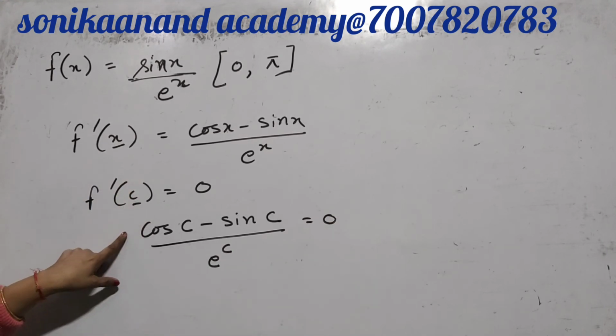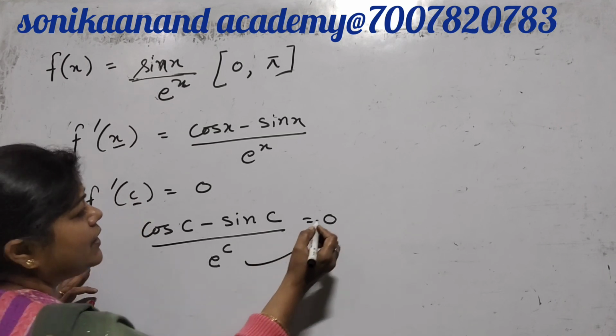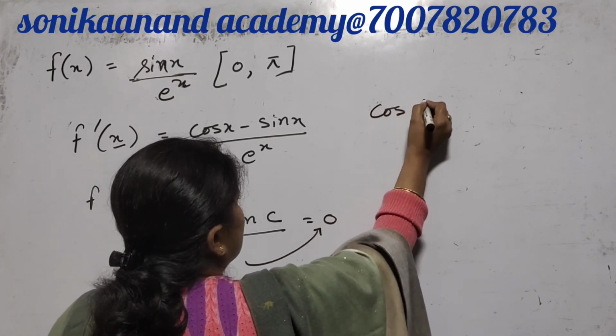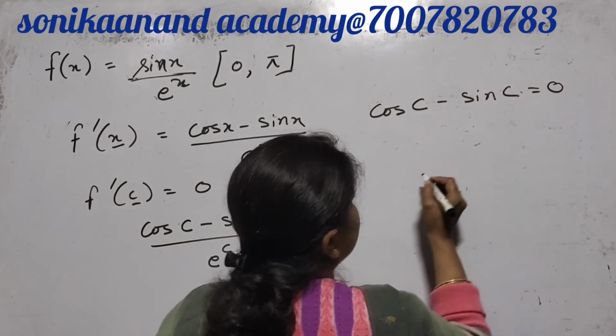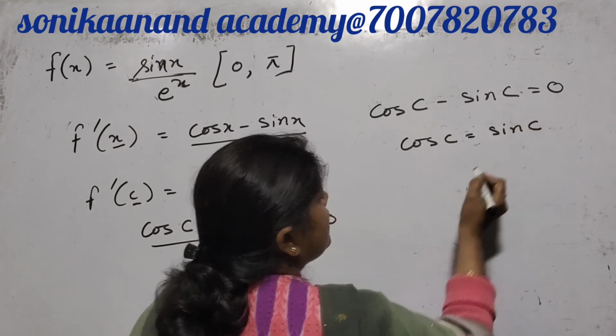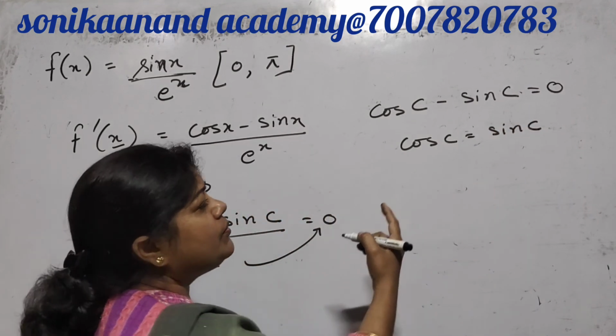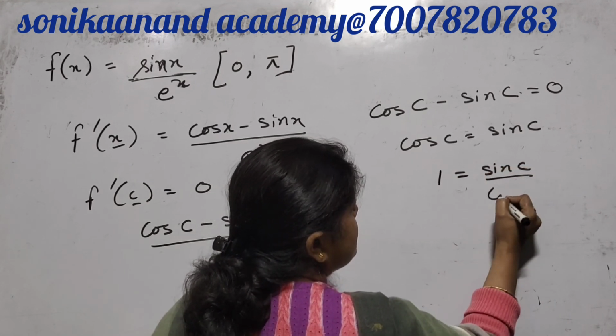Just notice on the blackboard, when we multiply this with this, we get 0, and we are left with cos c minus sin c is equal to 0. That means cos c is equal to sin c. Now we divide by cos c on both sides, we get 1 equals sin c over cos c.